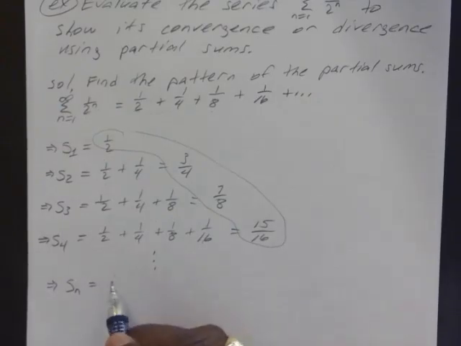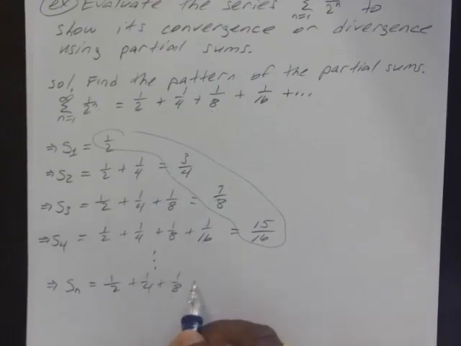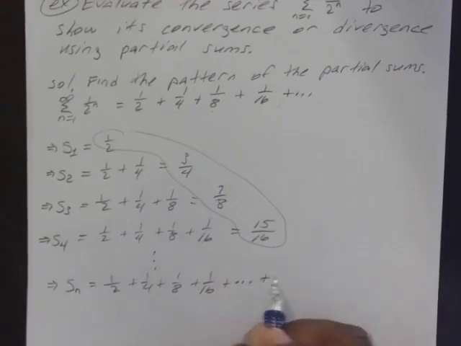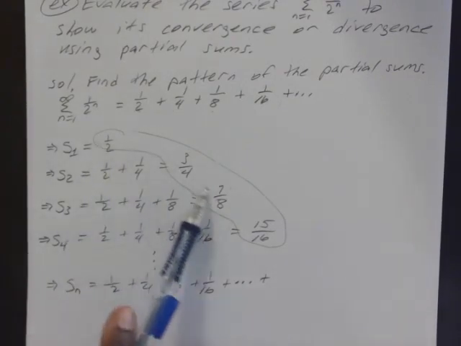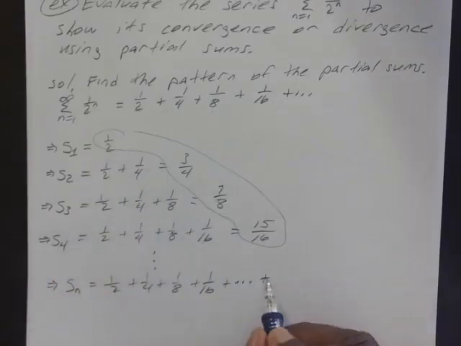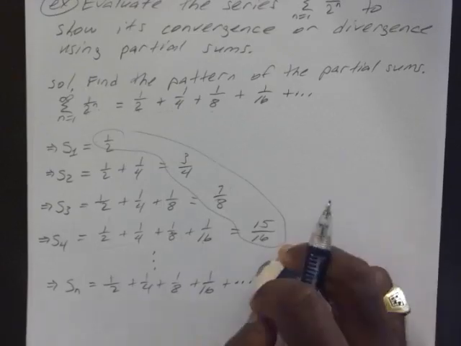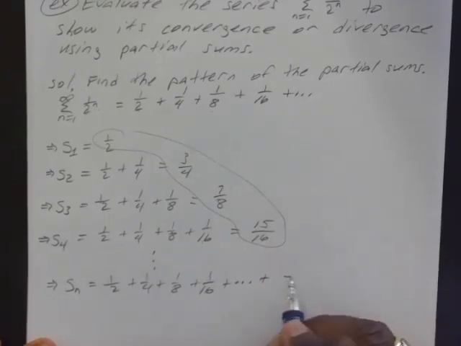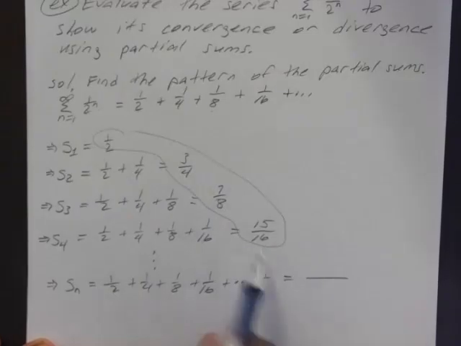Well, the nth partial sum is just all of the terms: 1/2 plus 1/4 plus 1/8 plus 1/16, etc. If we look at the pattern, we can see our denominator is still 2 to the power of n.